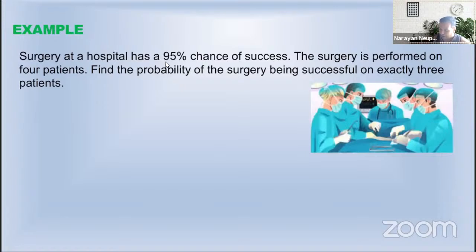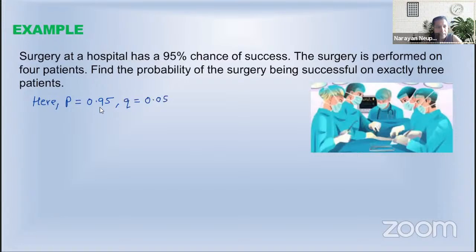So P, the probability of success, is equal to 95% or 0.95. If P is 0.95, you know that Q will be the 5% remaining, which is 0.05.